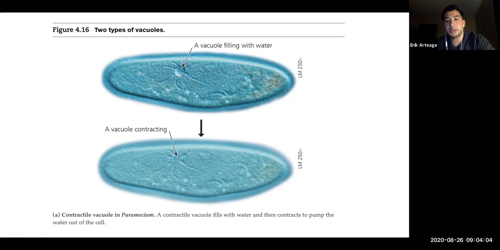But this essentially can be used for movement as well as dumping water out. So think of this as a way the cell can move as well as a way a cell can essentially urinate, right? It can regulate how much water is inside of that cell. You can dump out or pull in, okay?